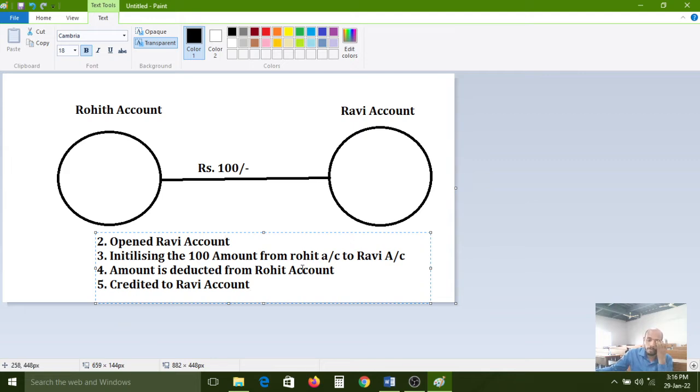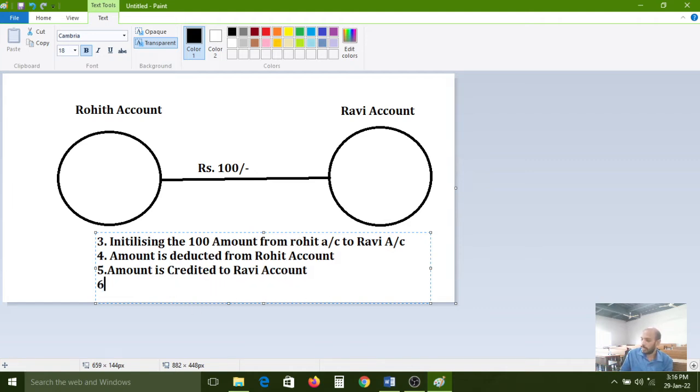The amount is debited from Rohit's account. The amount is credited to Ravi's account. And after that, the commit operation is performed. Then the transaction is permanently saved with the commit command.